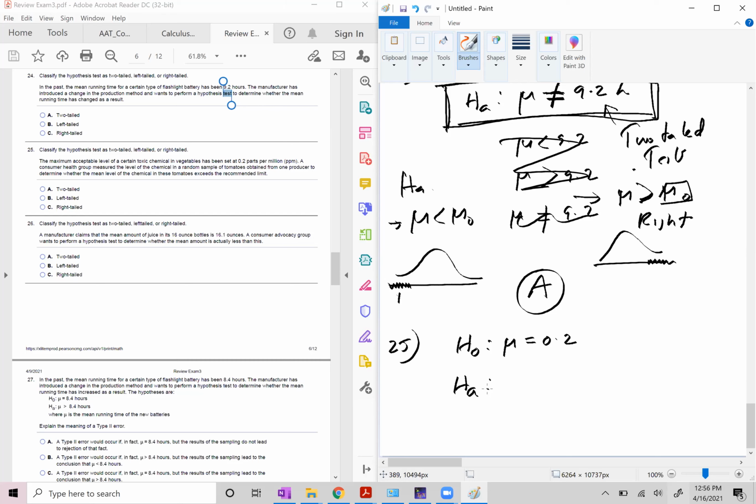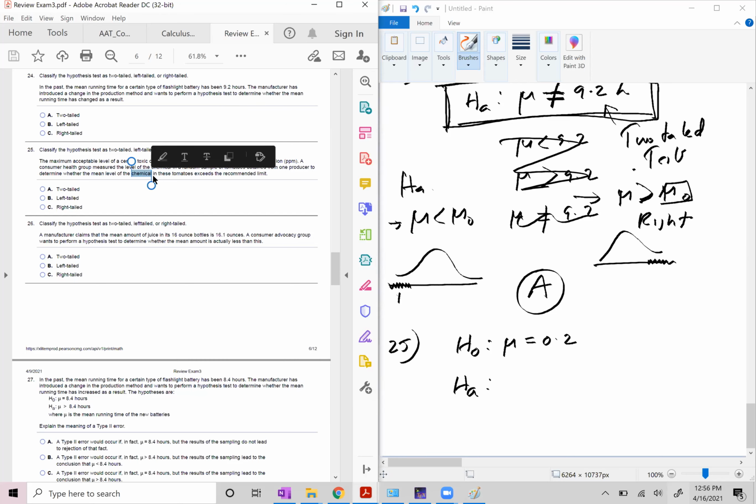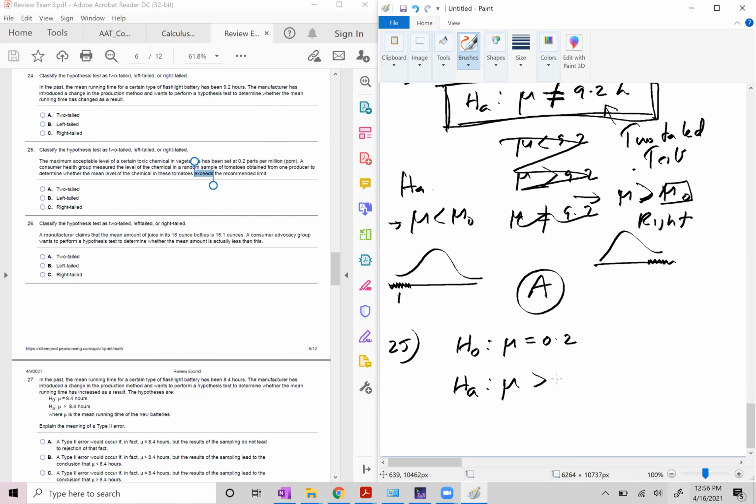A consumer health group measures the level of the chemical in a random sample of tomatoes obtained from one producer to determine whether the mean level of chemicals in these tomatoes exceeds the recommended level. So exceeds, they are not looking for a change or less, they are looking for exceeds this amount. So that means they are looking for mu greater than 0.2.